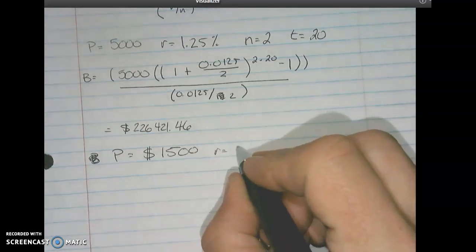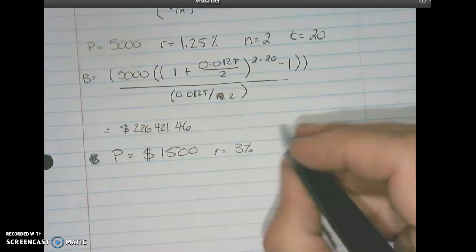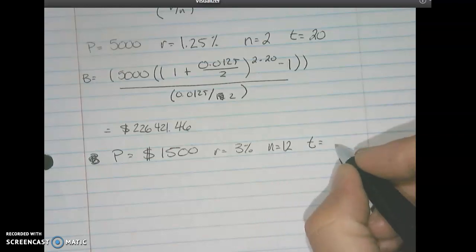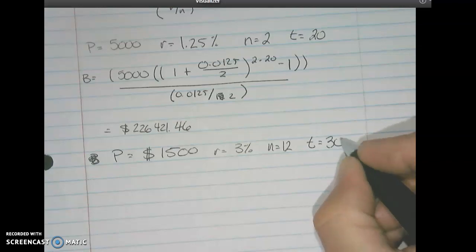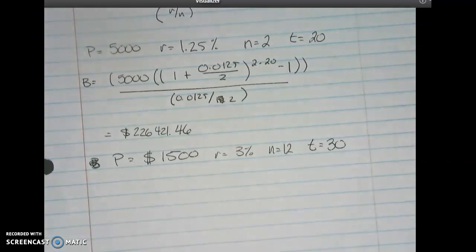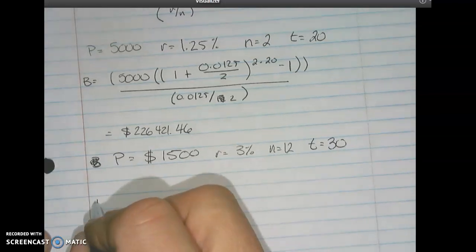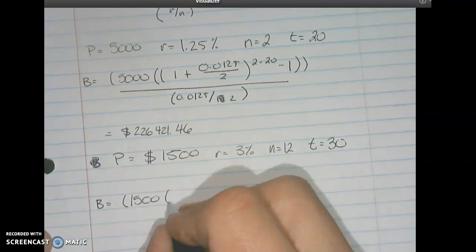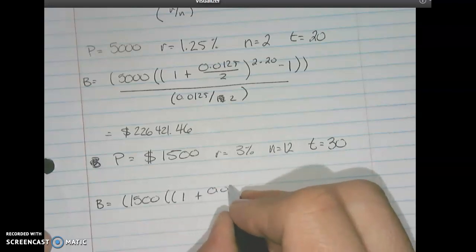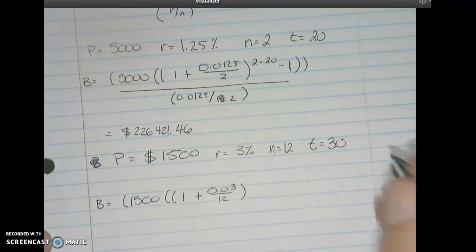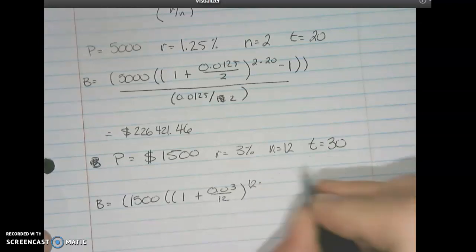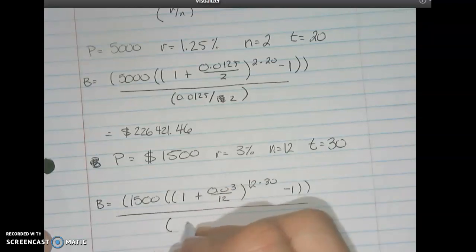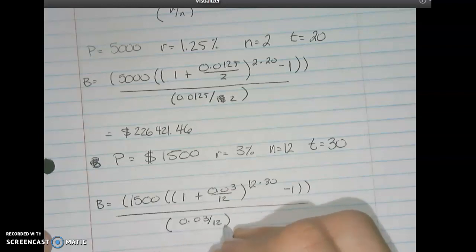Let's say you invest it in an account that gives you 3%, compounded monthly, and let's say that you leave it alone for 30 years. So there's our formula.